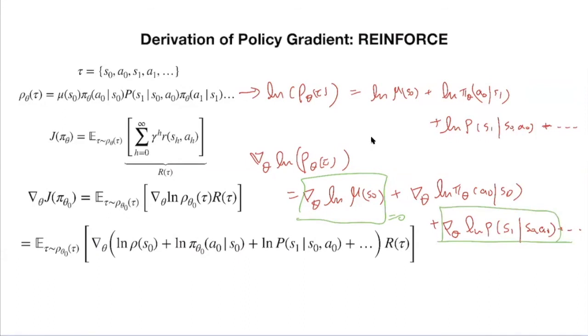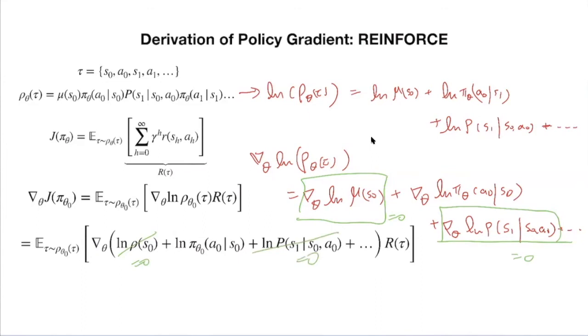We don't get to choose the transition. We only get to parameterize our policy. So this is 0, because P and mu do not depend on theta, our parameterization. In other words, I can just get rid of these terms.